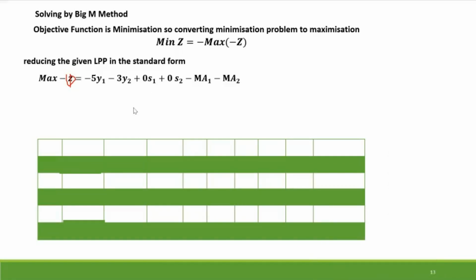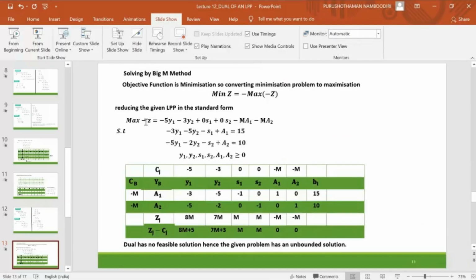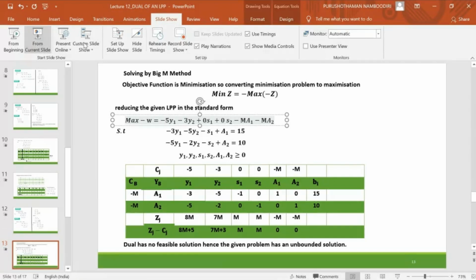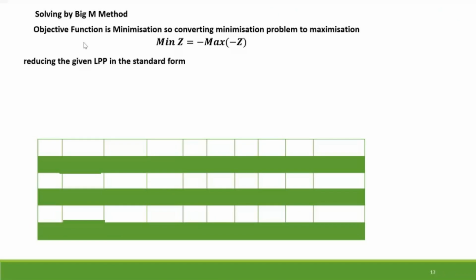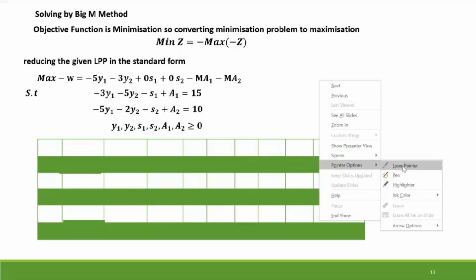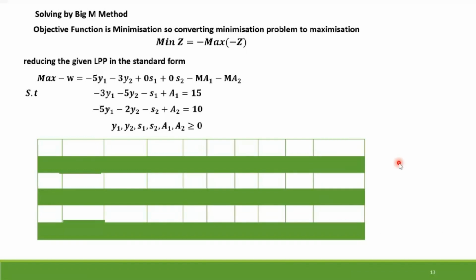Change here only. This is w. Subtracting two surplus variables and adding two artificial variables, because we have both the constraints greater than or equal to.